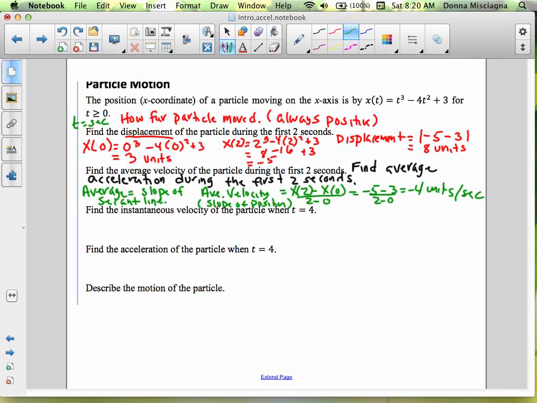There we go. Now, to find average acceleration, we first have to find the velocity curve so that we can find out what v of 2 and v of 0 are, because average velocity is the slope of position, and average acceleration is going to be the slope of the velocity curve.